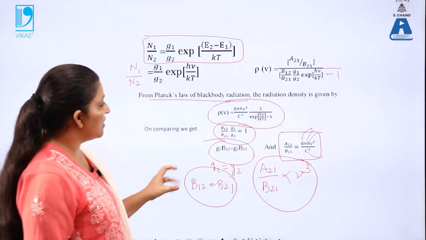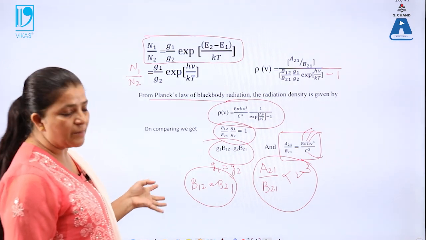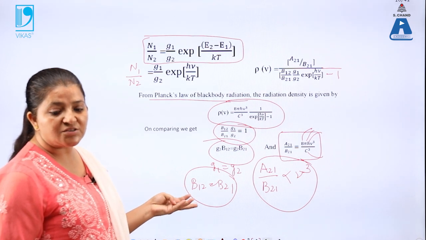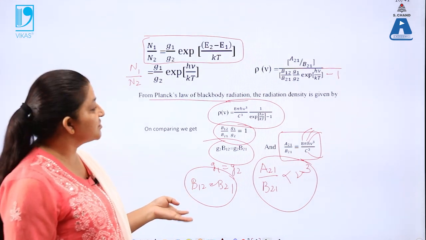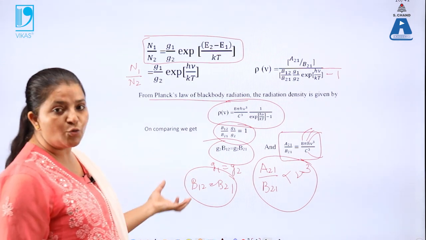So all these are Einstein's coefficients. In a laser we know that three types of processes take place: stimulated absorption, spontaneous emission, and stimulated emission, and how their coefficients are related to each other.